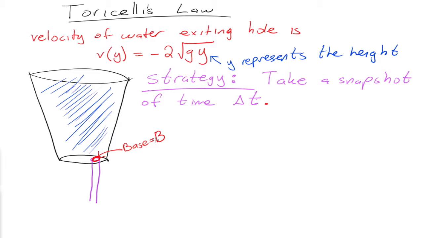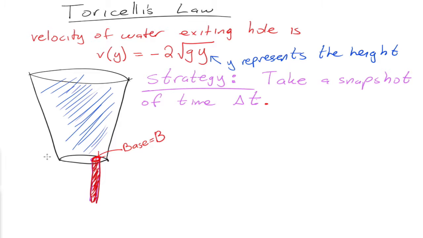Now, if you take a snapshot in time, you have a certain amount of water that exits the tank and goes into the hole. So let's assume that the amount of water that exits in that snapshot, that delta t in time, is the water that's inside of this little tube here. So what I just drew represents the amount of water exiting the tank in delta t seconds.